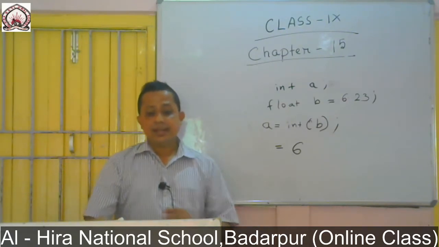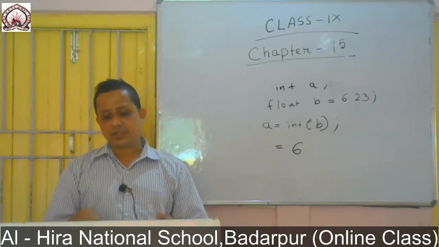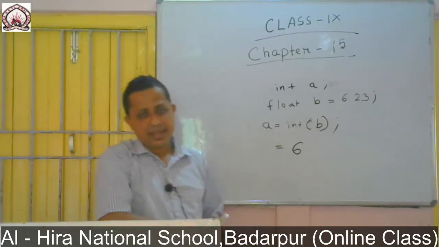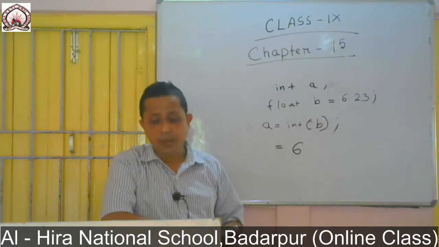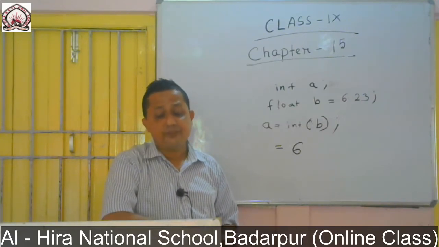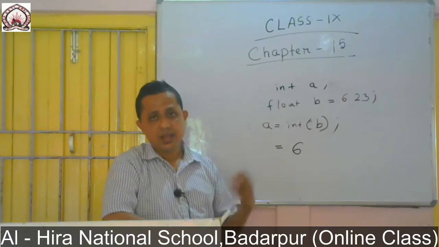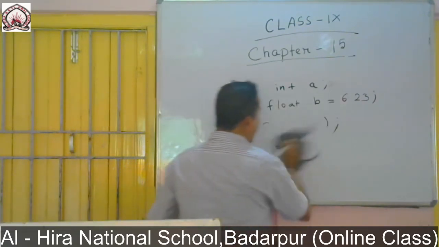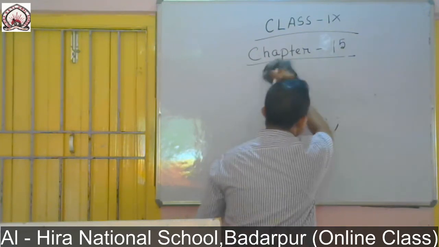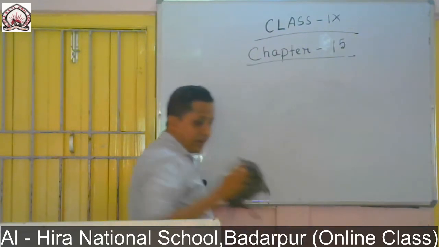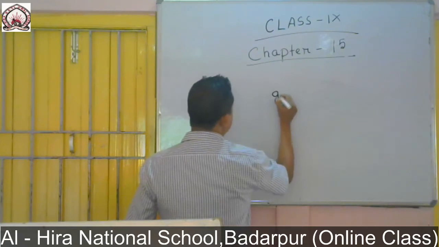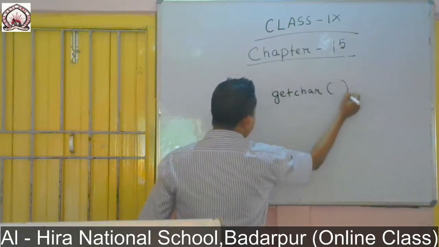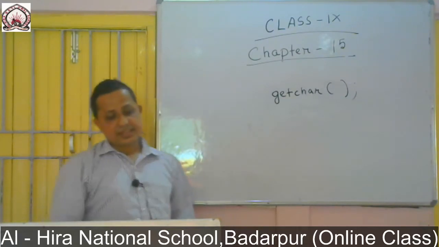Now reading and writing characters. How can you read a character in a C program? Some of the unformatted input-output functions are, number one, getchar. There are some already inbuilt functions. One starts with the getchar function.